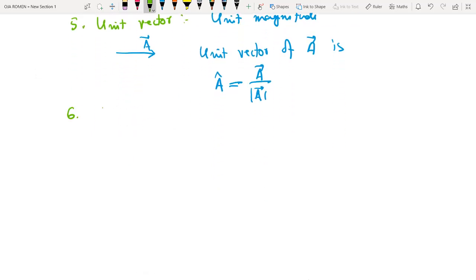Then orthogonal vectors. Orthogonal vectors means perpendicular vectors.